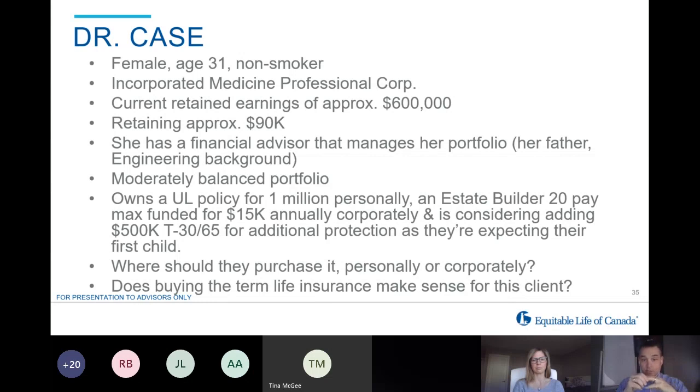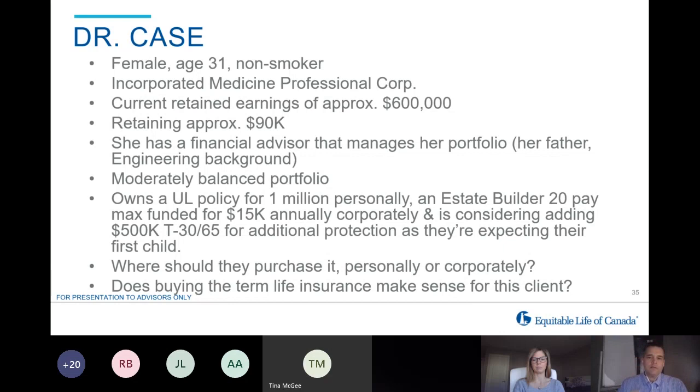She had just bought an estate builder from her father for like $15K annually, which they were looking at for IRP purposes. And then, she's having a child, so they wanted to top up another $500,000 in T3065 because they felt that what they had was sufficient coverage. I thought they were well underinsured, but that's not my argument to have.